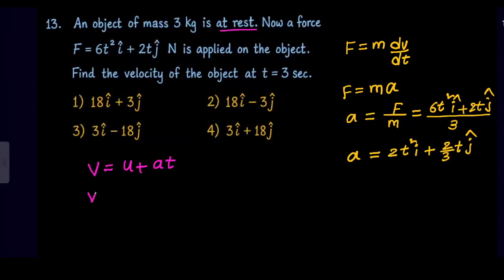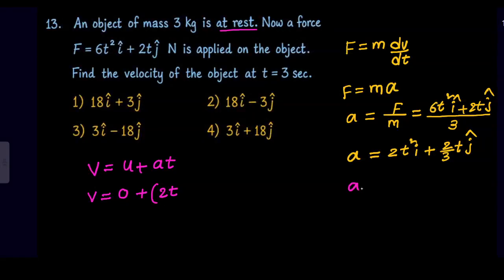So v will be the initial velocity plus a into t, with the t value given as 3 seconds.